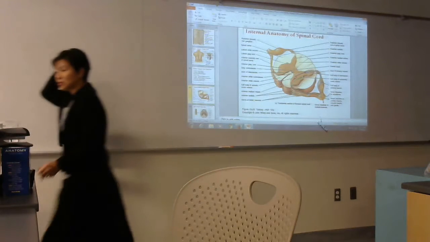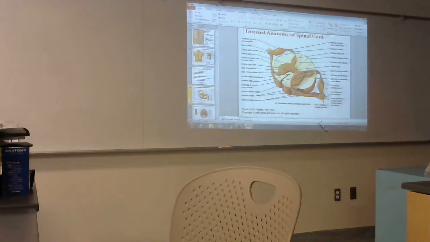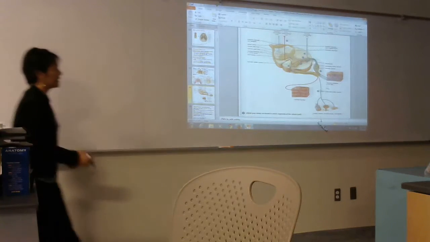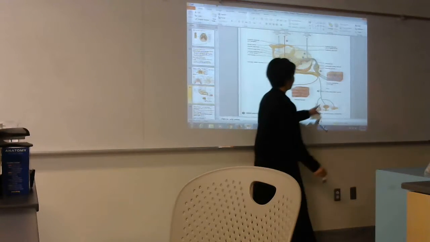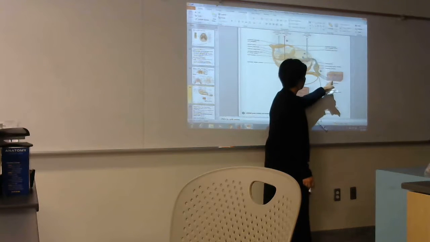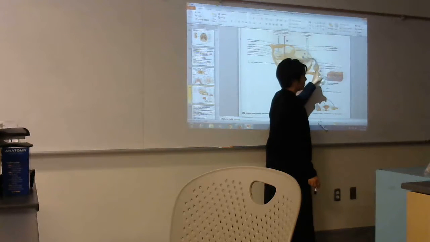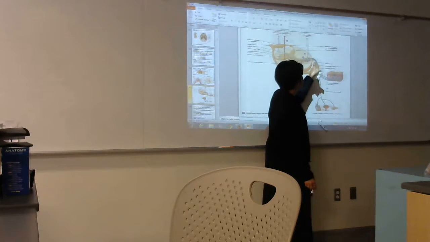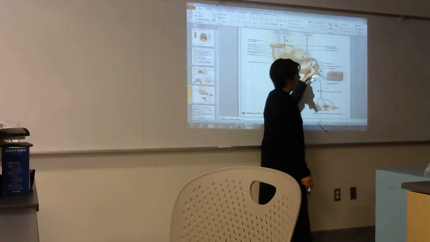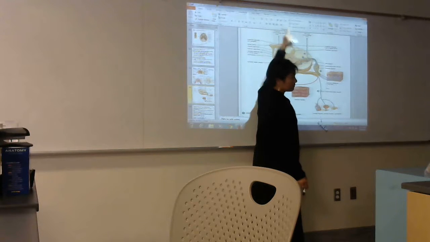You're supposed to report to the brain, right? So what part of the neuron will go up? It's the axon part. So again, I receive the stimulus. There's the cell bodies of my sensory neurons, synapse with the next neuron, and the next neuron will go up.